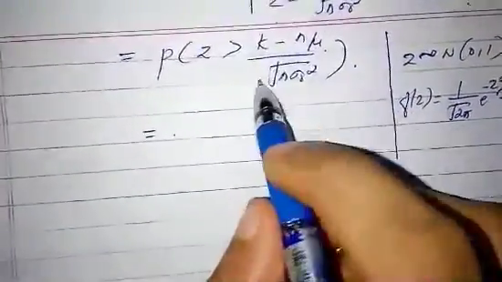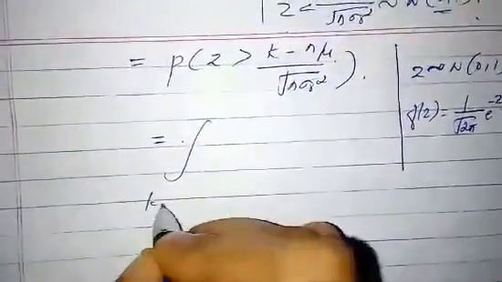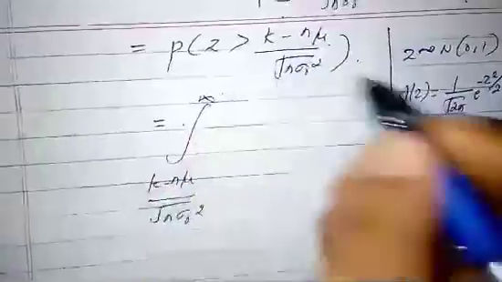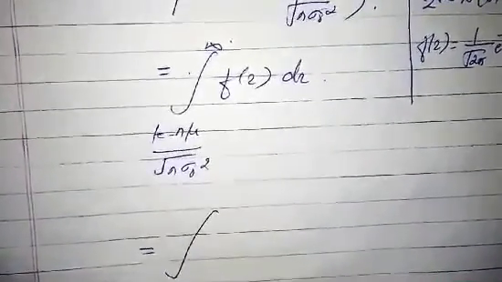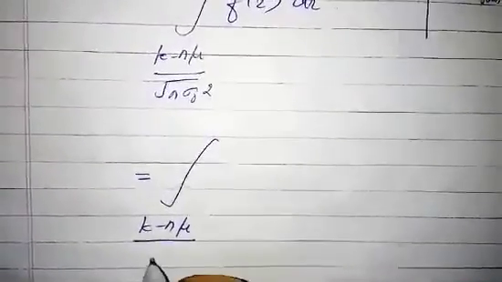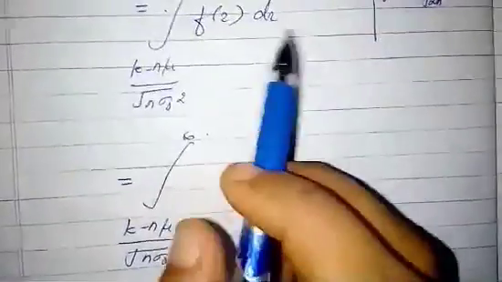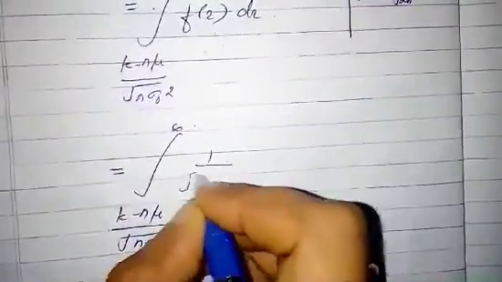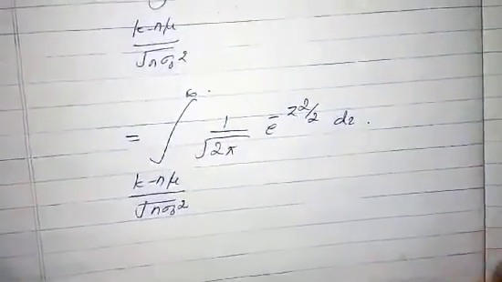Then the probability of z greater than k minus n mu divided by square root of n sigma naught square is equal to the integral with lower limit k minus n mu divided by square root of n sigma naught square to infinity of f of z dz, where f of z is 1 by square root of 2 pi e power minus z square divided by 2.